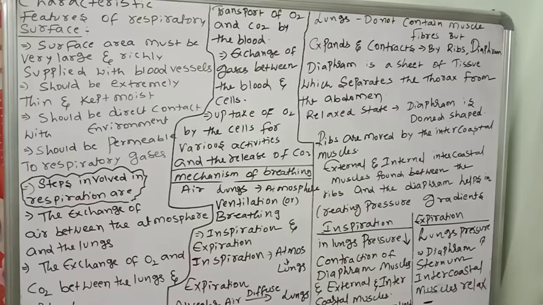These are the steps involved in respiration, and you should remember this. First, the exchange of air between the atmosphere and the lungs. Next, the exchange of O2 and carbon dioxide between the lungs and blood: oxygen will go to the blood, and carbon dioxide will come out to the lungs.